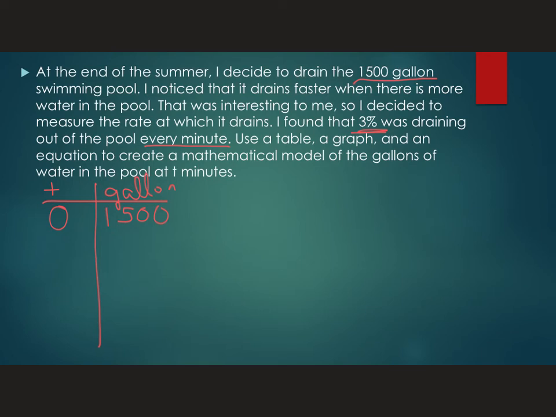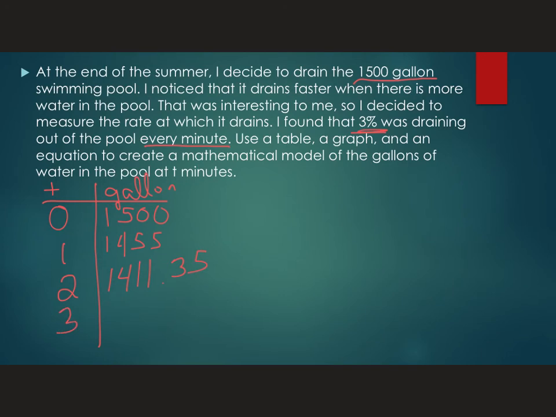So after 1 minute, we're going to do 1,500 times 0.97 because it'll only have 97% left. So at 1 minute, it has 1,455 gallons. And then at 2 minutes, take that and subtract our 3% again. I have 1,411.35 gallons.